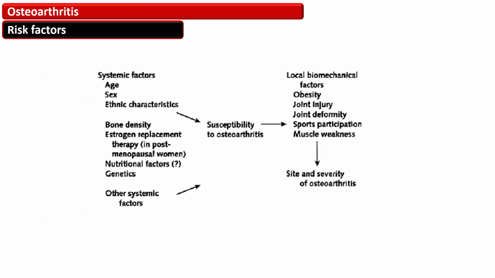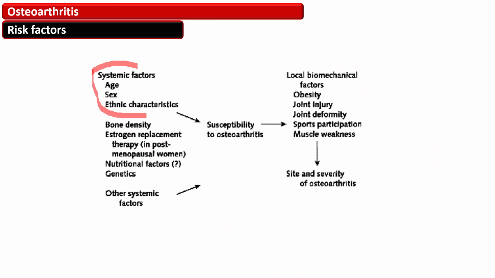After seeing this long list of the classification of osteoarthritis, we can infer that there are many local and systemic factors that are responsible for the development and progression of the disease, and this determines the site and severity of the osteoarthritis. Age, sex, and ethnic characteristics are linked with the disease.